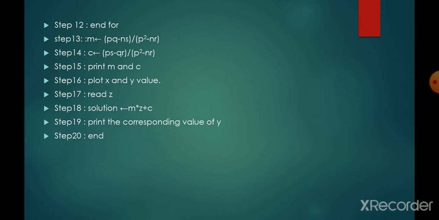So we have to do some rearrangement in this program, that is, read set. We implement a new variable set, and solution equal to m set plus c, print the corresponding value of y, and we can get the solution and end the program.